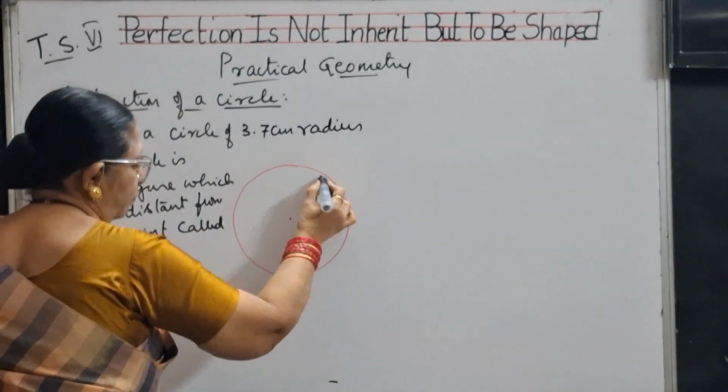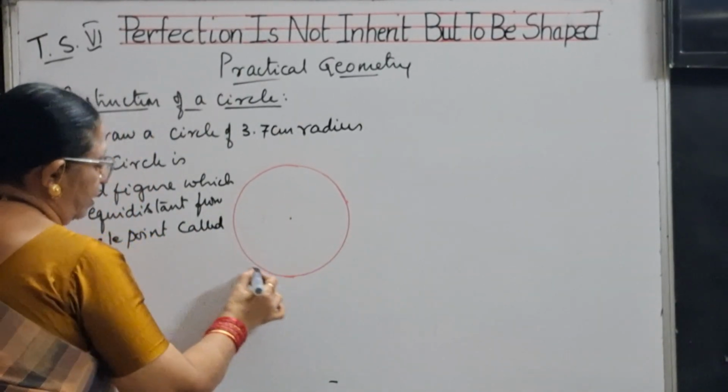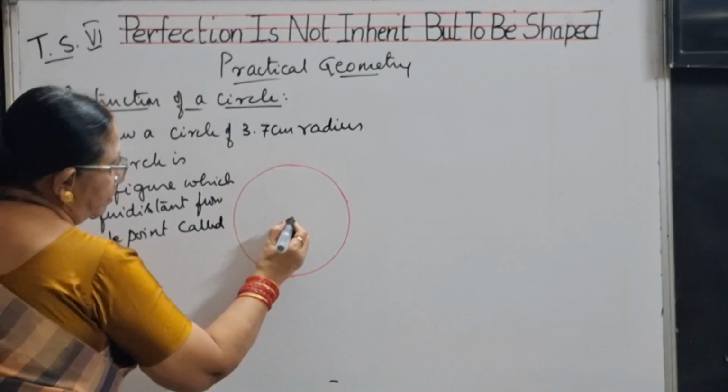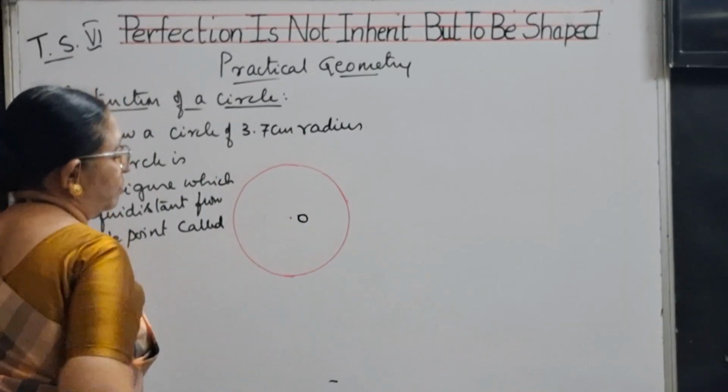See, each and every point of this circle will be at equidistance from the center. Let me call it as O.